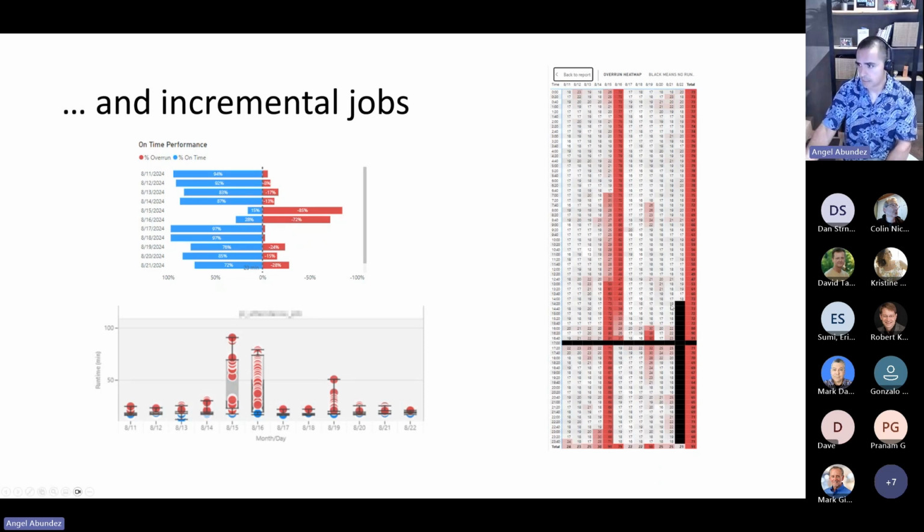Well, not really. When I first set up this heat map, it was very apparent that we had 2 hours where we were not running the 20-minute job. So we improved that over time.